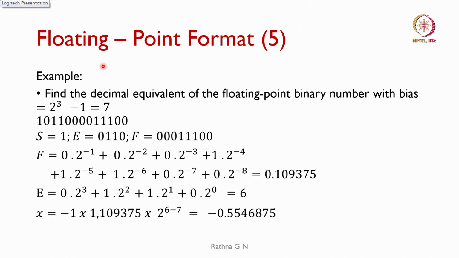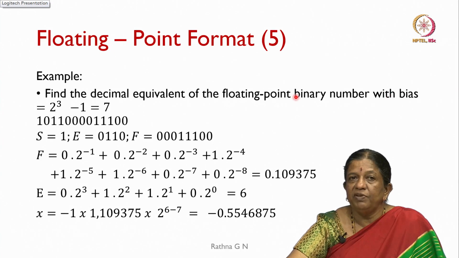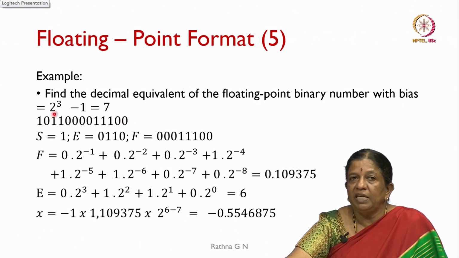As an example of how we represent this, find the decimal equivalent of the floating point binary number with bias 2 power 3 minus 1, which is 7. This is the number you have been given in binary format. The sign bit is 1 in this case and the bias has been given as 7.